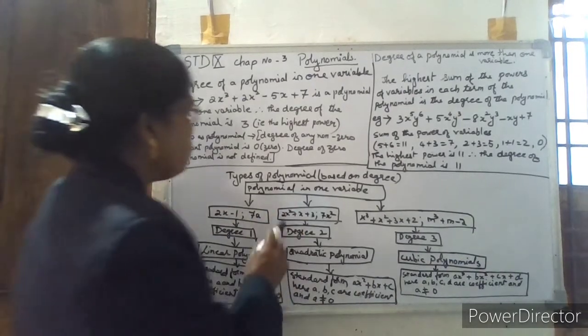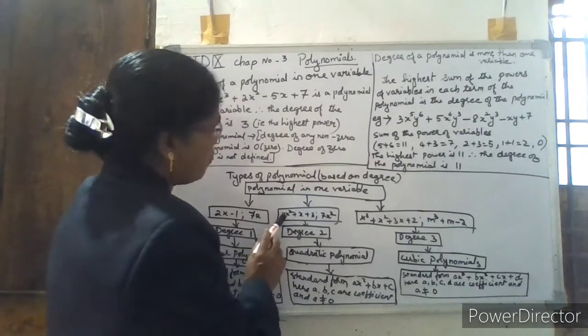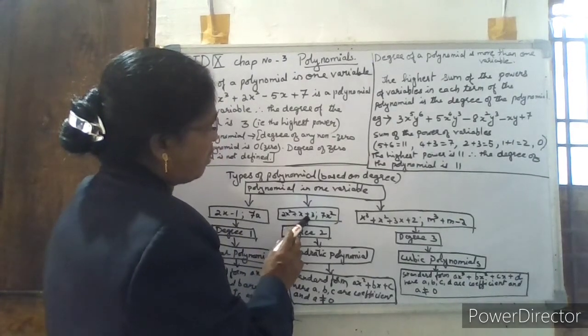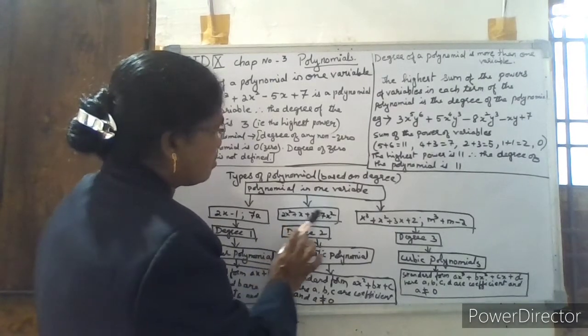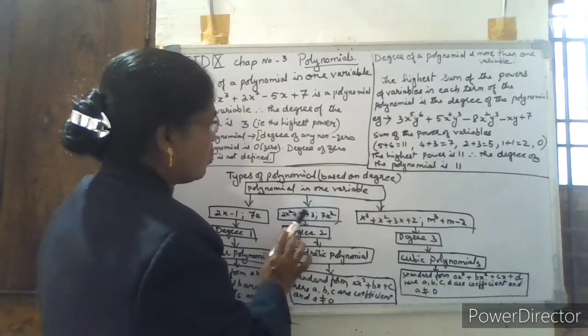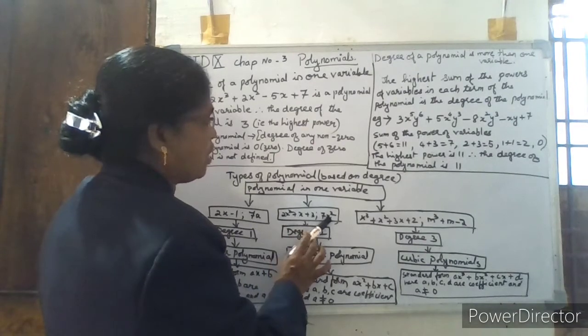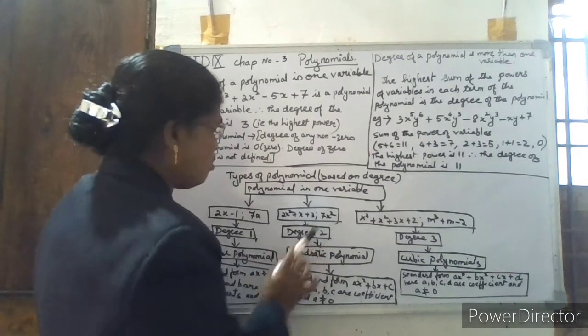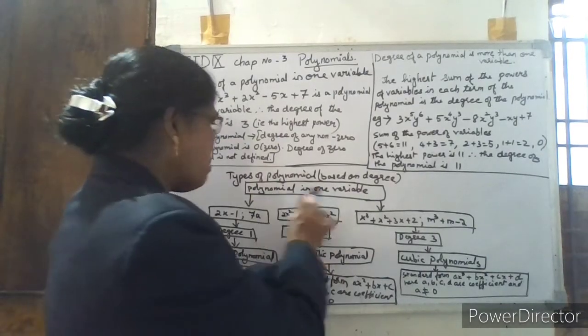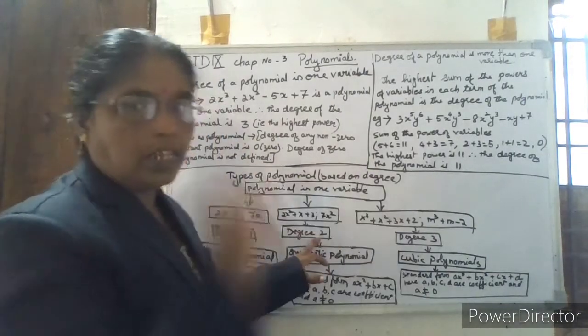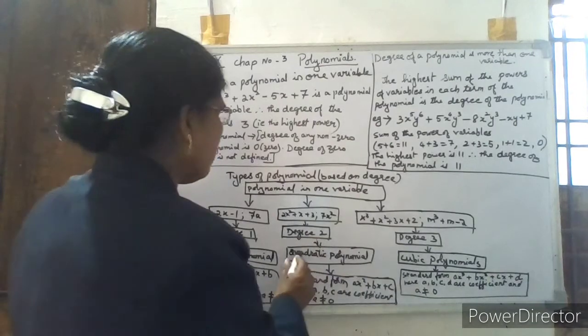See the examples given, 2x squared plus x plus 3 and 7x squared. Here the degree you can see is 2. The highest degree, this is all polynomials in one variable. So, the highest degree is 2. So, in a polynomial in one variable, when the degree is 2, then it is called a quadratic polynomial.